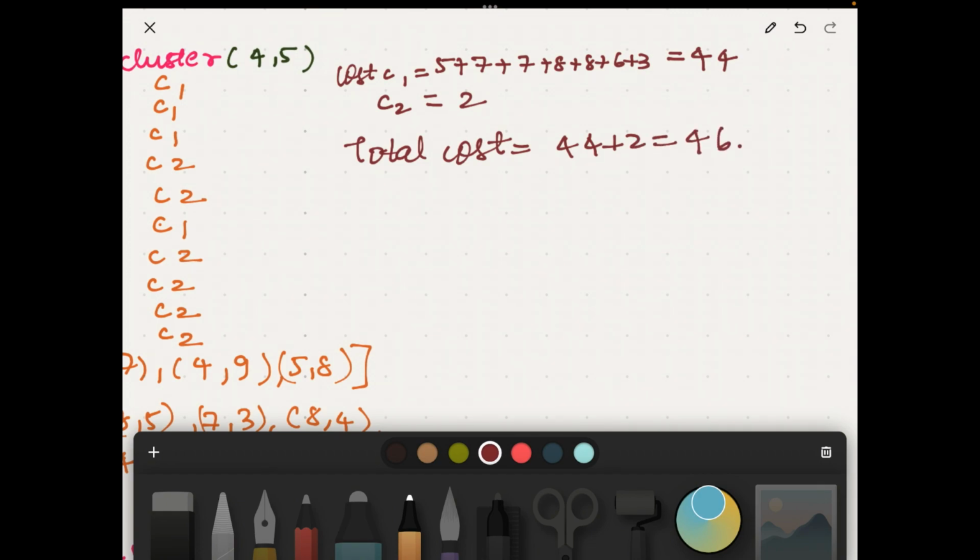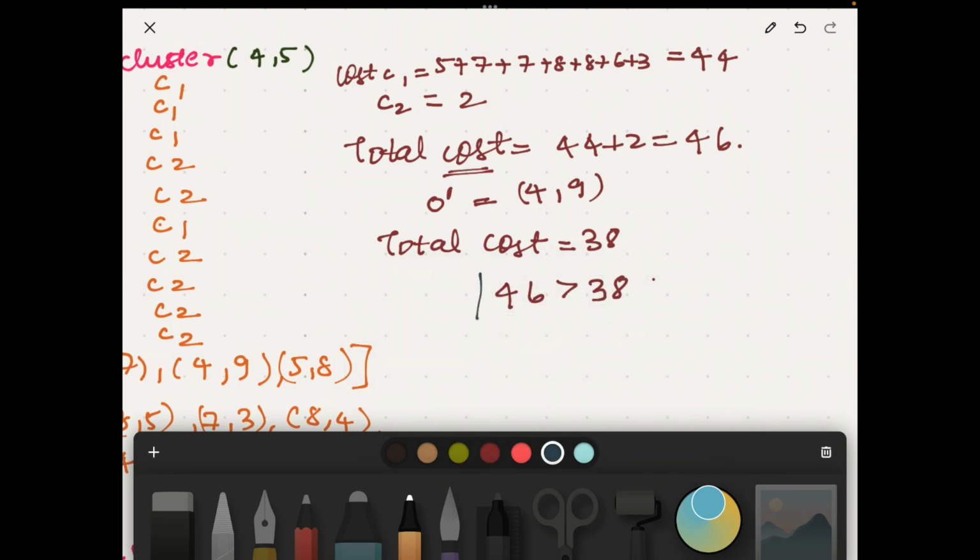Now this one was for O dash, where O dash was 4,9. Right, we had the total cost earlier, right? The total cost was 38. So 46 is greater than 38.